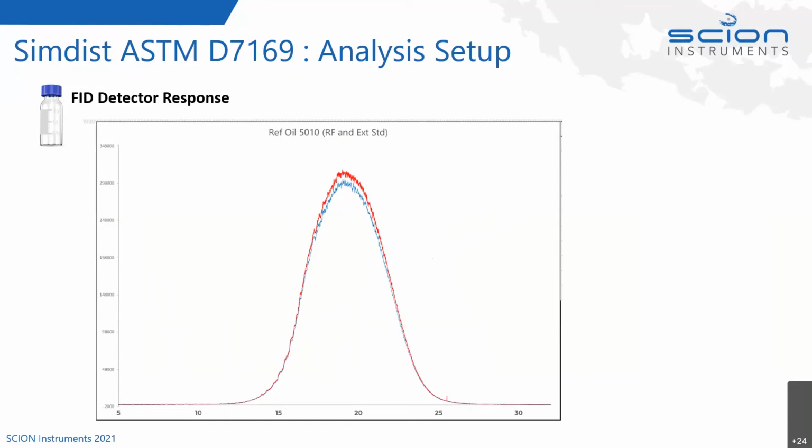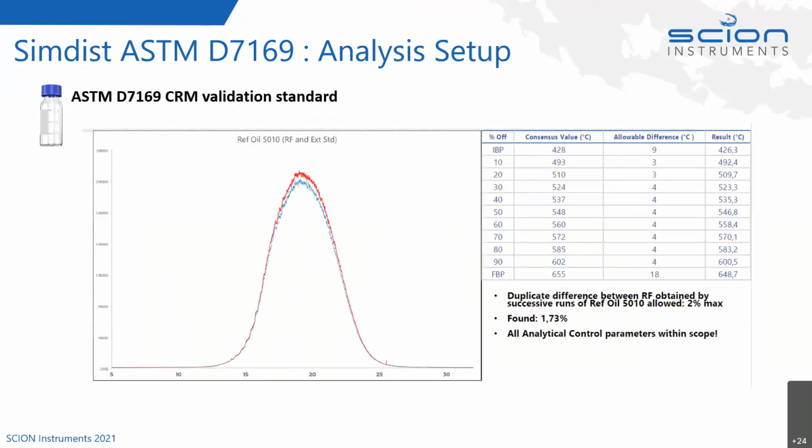ASTM D7169 may be a bit different from your other SimDist analysis, but it's included in the standard. We'll use the same oil not only to get the FID response, but also to validate our analysis, both the hardware and the software.